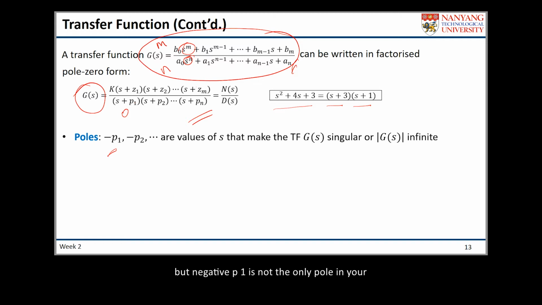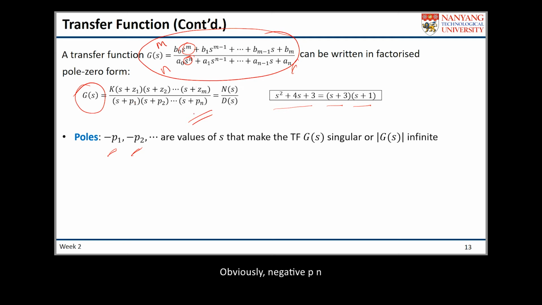But negative p1 is not the only pole in your transfer function Gs. Negative p2 is also another pole, because if you substitute negative p2 for the s's here, this term will become 0. If this term is 0, the denominator will become 0. Any value that you divide by 0 will be infinite, so your Gs is infinite. From there, it's clear that negative p2 is also a pole of this Gs.